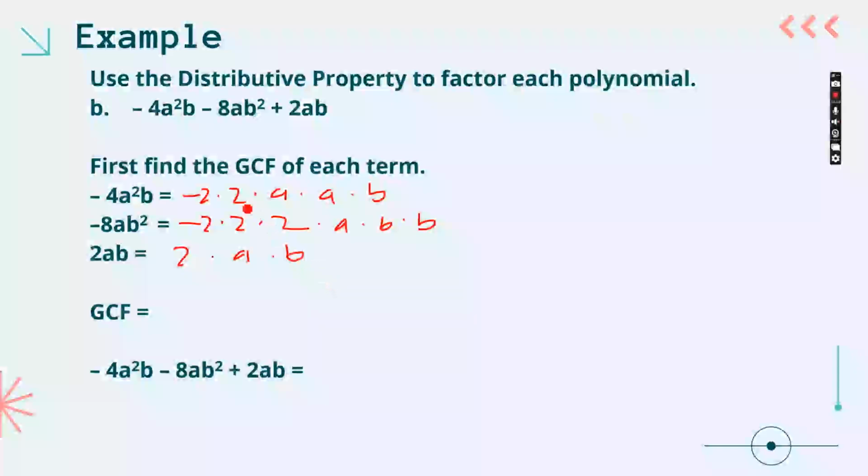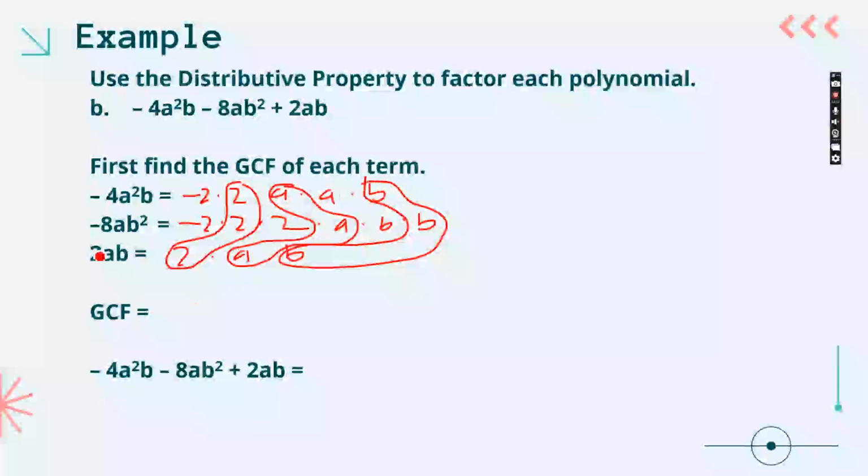Now what, right? We just have to circle all of the terms that they share, right? To make sure that we only have one copy of each. The a's get shared throughout all of them, and one b gets shared out through all of them as well. This means our GCF for all three of these terms is going to be 2ab. And we can go ahead and break this down into what remains, right?